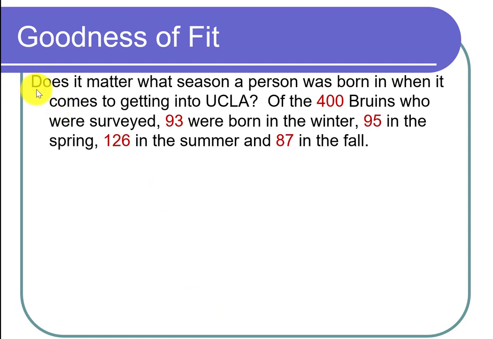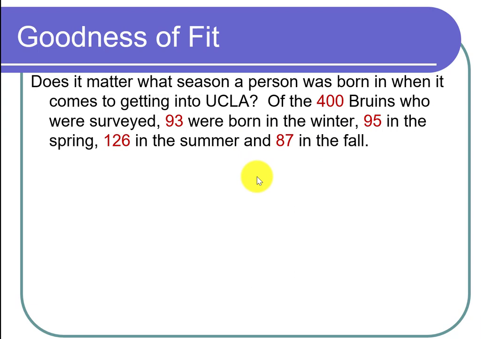And the example is, does it matter what season a person was born in when it comes to getting into UCLA, my alma mater? Of the 400 Bruins, UCLA is the Bruins, who were surveyed, 93 were born in the winter, 95 in the spring, 126 in the summer, and 87 in the fall.